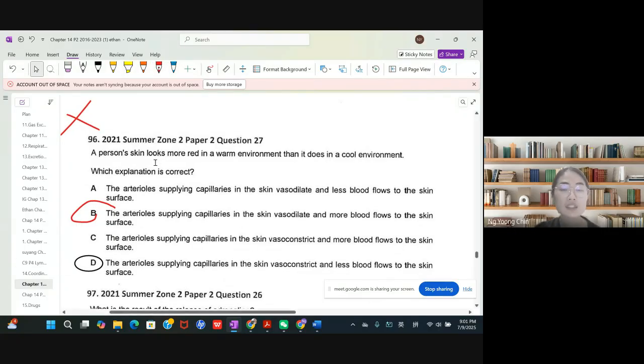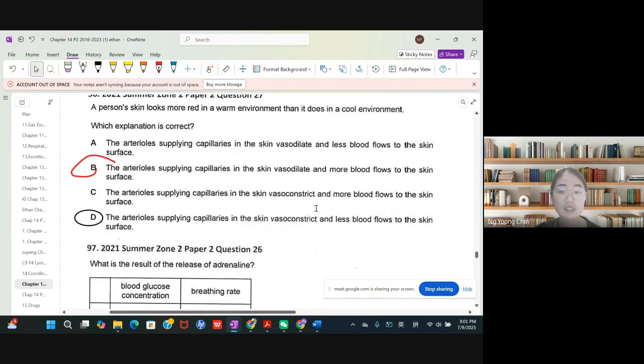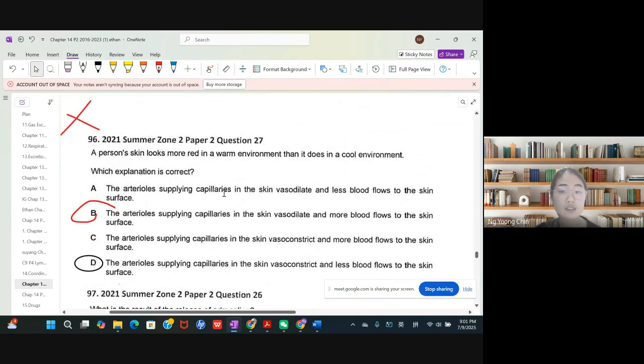Why does skin look more red in warm environments than in cool environments? Because in the warm environment, you induce a vasodilation of the arteriole. If you have vasodilation, it means more blood flow to the skin surface. That's why your skin looks more red, or sometimes you can see the blood vessels dilated under your skin.